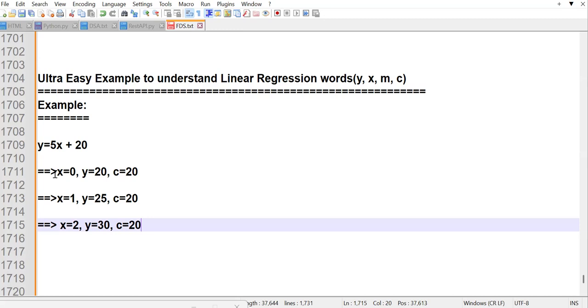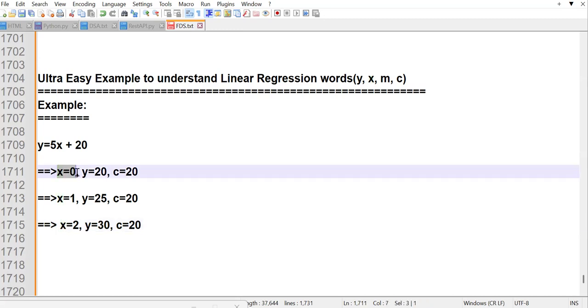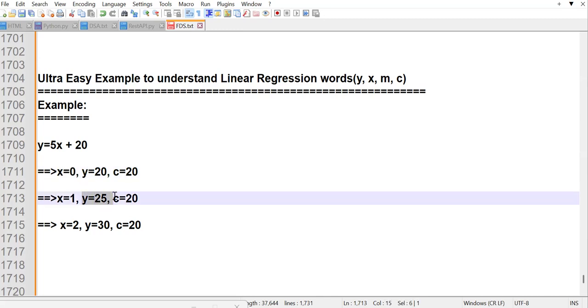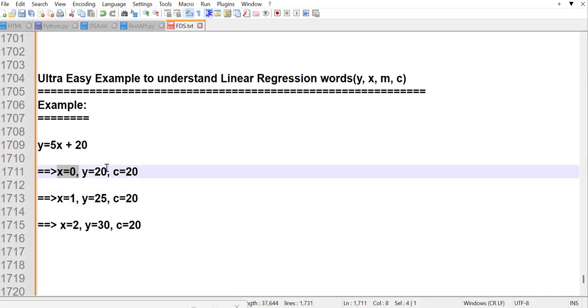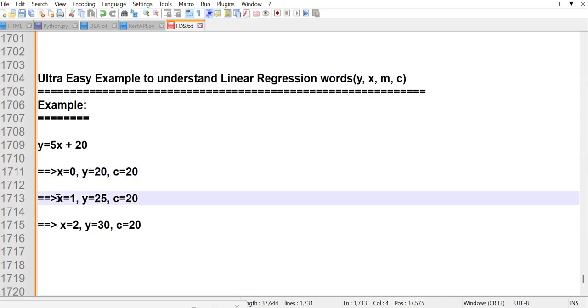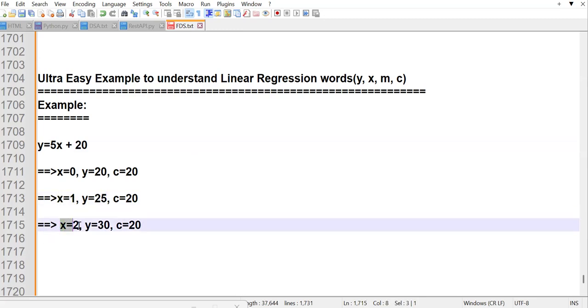So whenever x is increasing, y is also increasing. When x is 0, the y value is the c value. The c value means the base value. When x is increasing, y is also increasing.